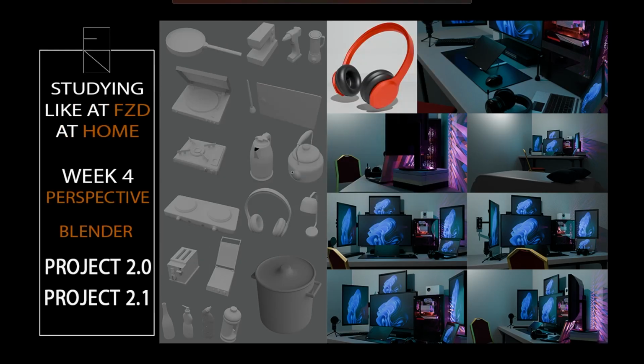So you can see over here that we have 2 points: project 2.0 and 2.1. The 2.0 is this part over here, these images, and also this headphone. You can see that this headphone is this headphone, but with material applied.